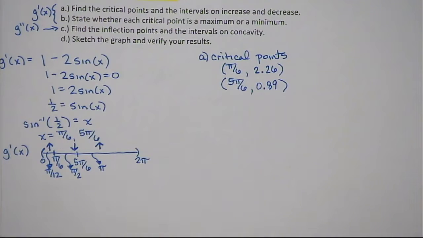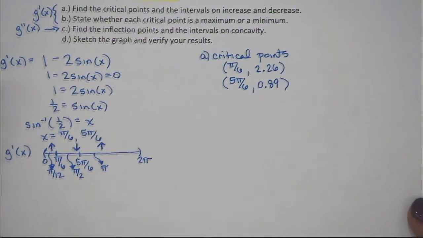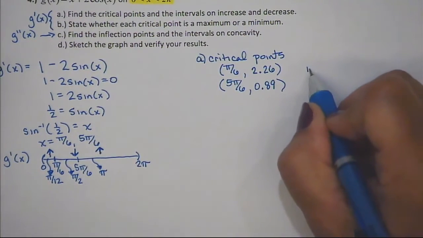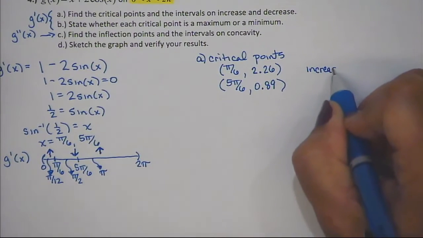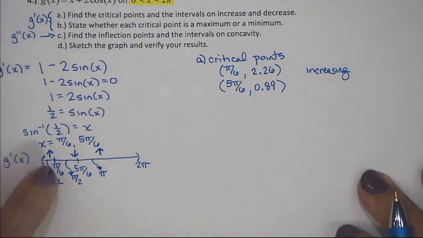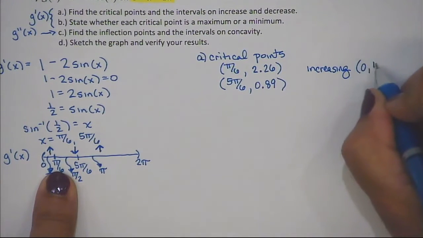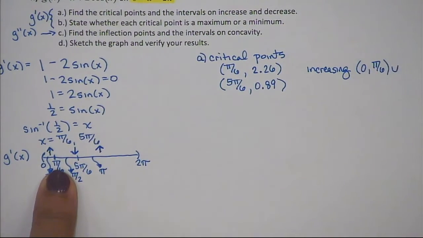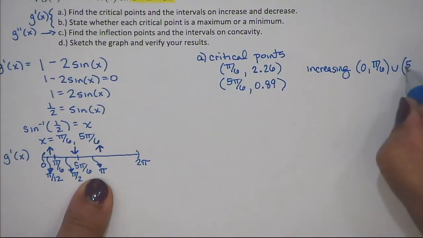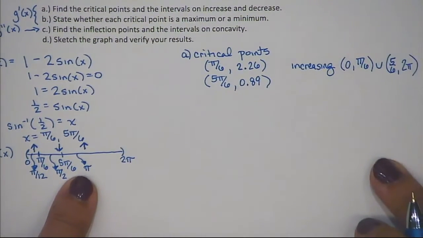Where is this graph increasing and decreasing? All right, so it's increasing where my up arrows are. So between 0 and pi over 6, union with 5 pi over 6 to 2 pi. I can't go to infinity.